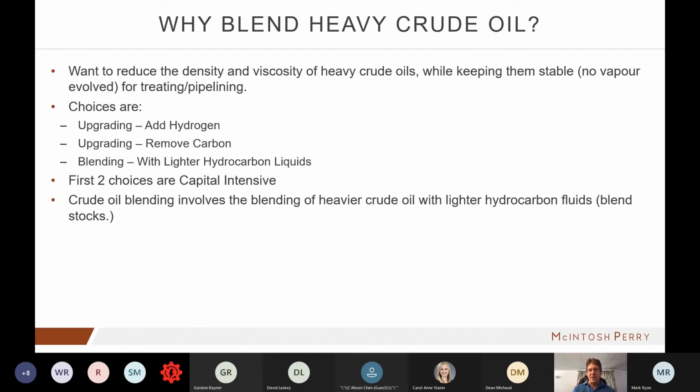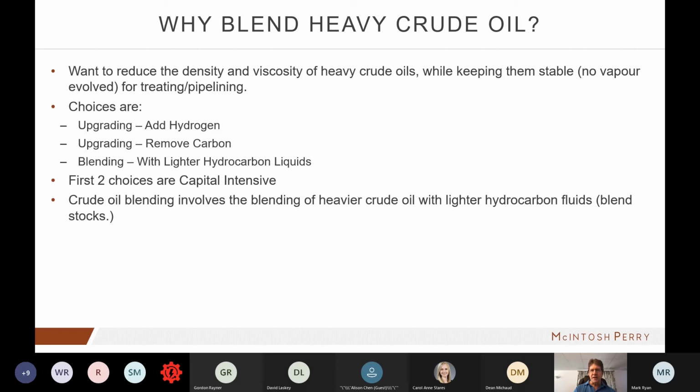So if we wanted to upgrade crude oil, of course, we're going to talk about blending today. Are there other options? There are. And so you can see on this slide, we're actually talking about upgrading. So you could get the same effect from upgrading. You could either add hydrogen or remove carbon, and both of those would lighten up your crude oil. But those first choices are pretty capital intensive and high operating cost as well.